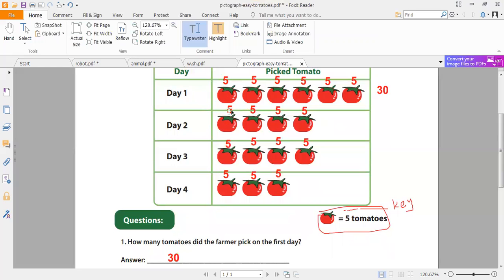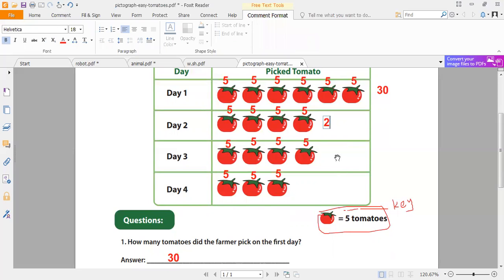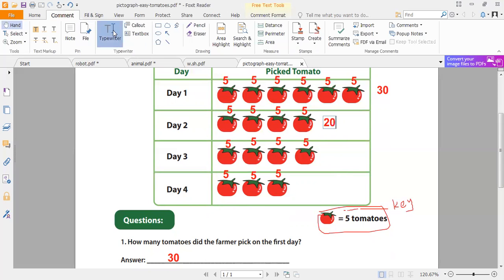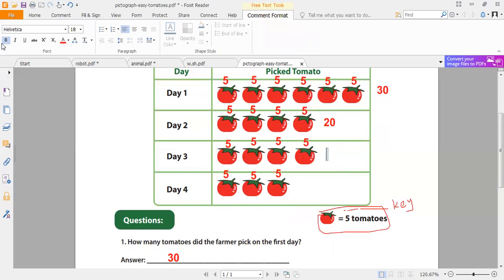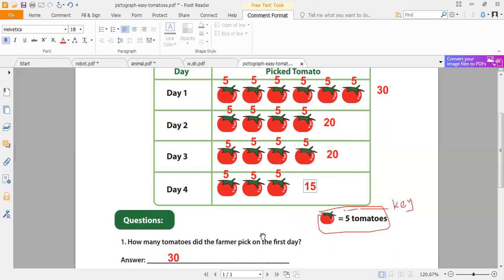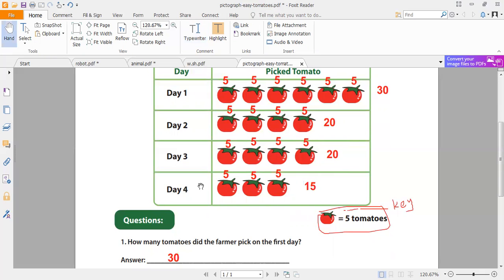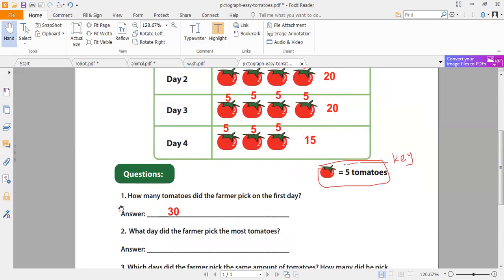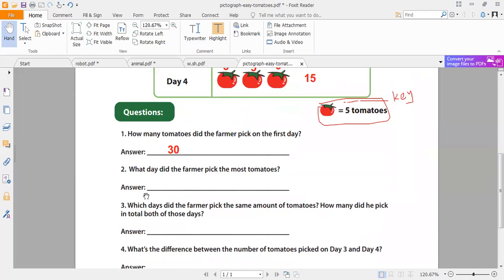Count by 5s. 5, 10, 15, 20. He picked 20 tomatoes. Okay? In day 3, he picked 5, 10, 15, 20. He picked also 20 tomatoes. And in day 4, let's count 5, 10, 15. He picked 15 tomatoes.